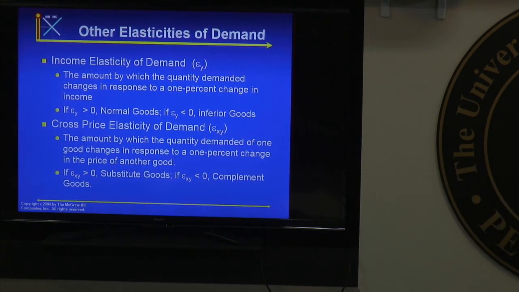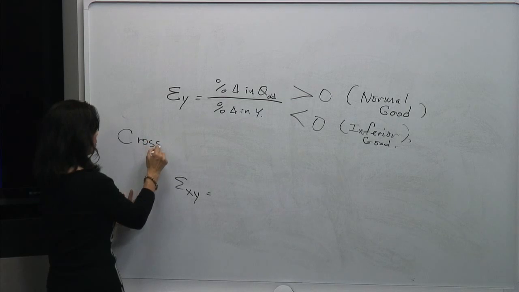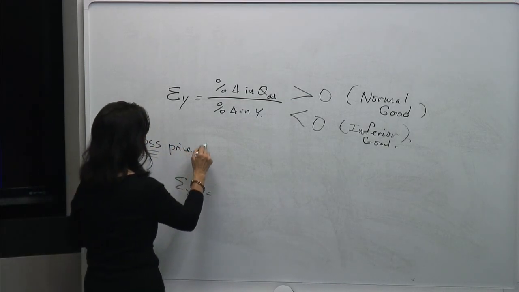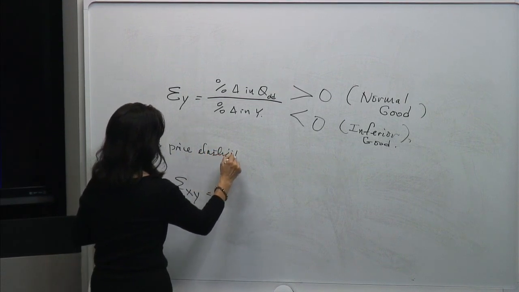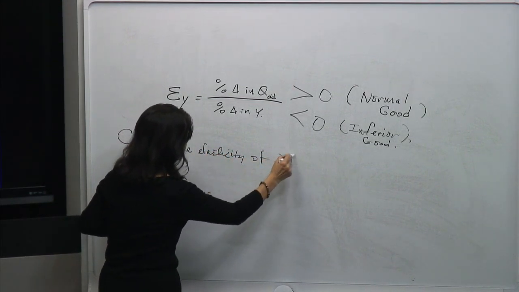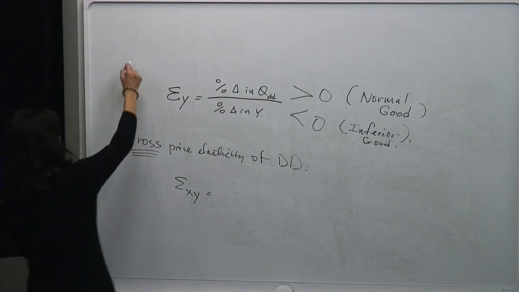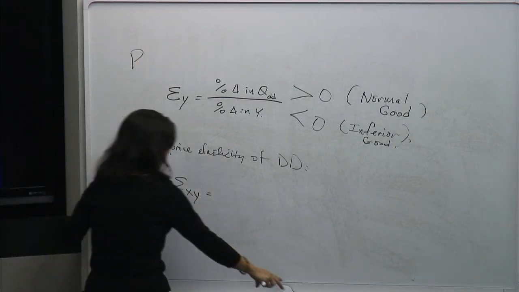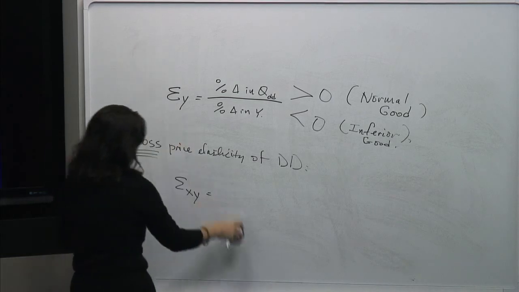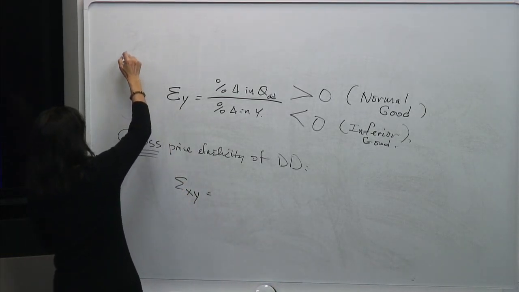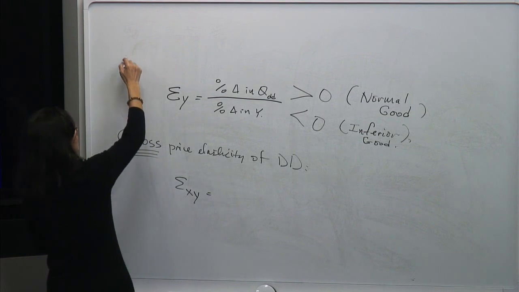So the next one is cross price elasticity of demand. We have touched on this concept in chapter 3 without you realizing it. Remember we talked about substitutes? Remember we talked about complements? Anybody remember that?